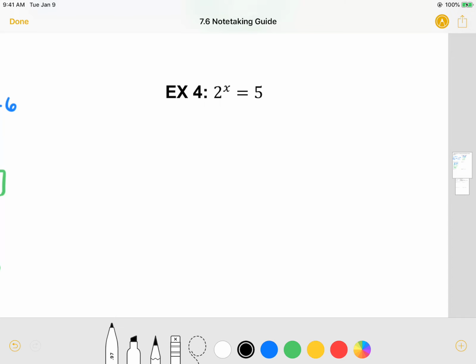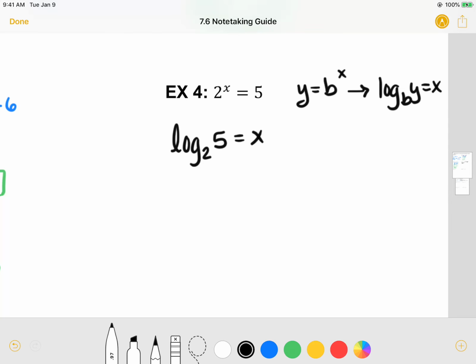What I want you to remember is that we can take an exponential equation and rewrite it as a logarithmic equation. So let's take the equation 2 to the x power equals 5, and let's rewrite it as a logarithm. So it would be log base 2 of 5 is equal to x.